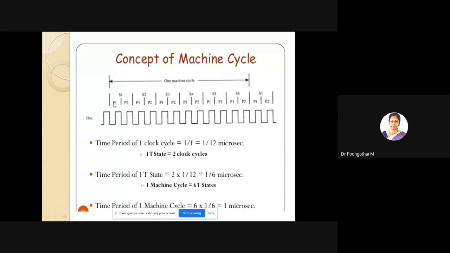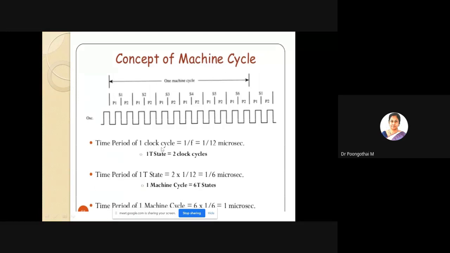Two clock periods equal a single state, state 1, state 2, up to state 6. Six states equal 1 machine cycle. So one T state is equal to 2 clock cycles, and totally 12 clock cycles is equal to 1 machine cycle. That amount of period is called the machine cycle. So it requires 12 clock periods.